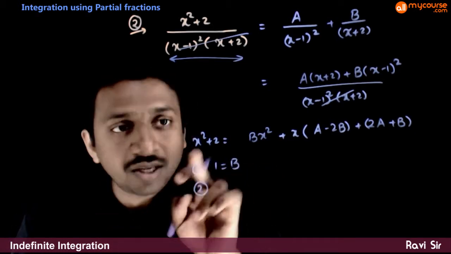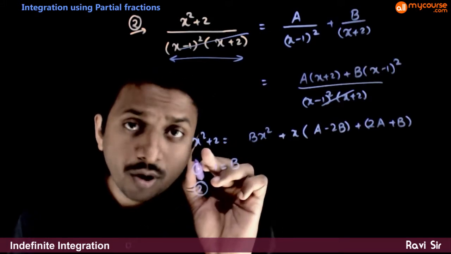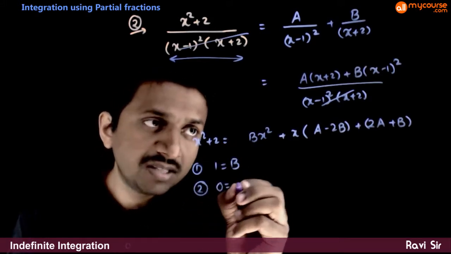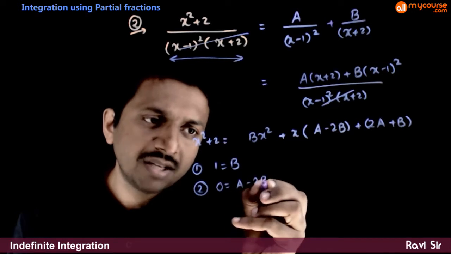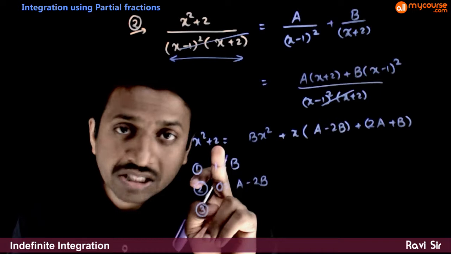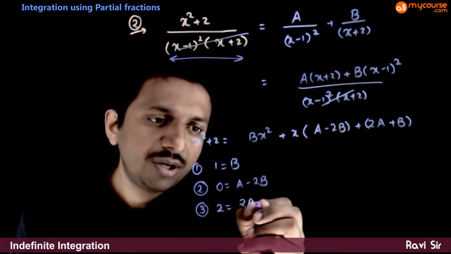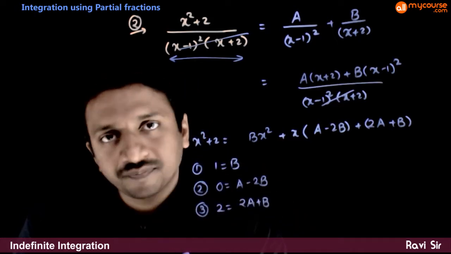The second equation is the coefficient of x: 0 is equal to a minus 2b. The third equation is the constant term: 2 is equal to 2a plus b.